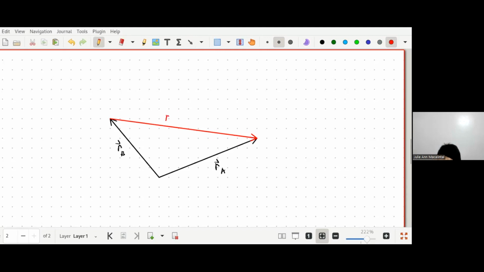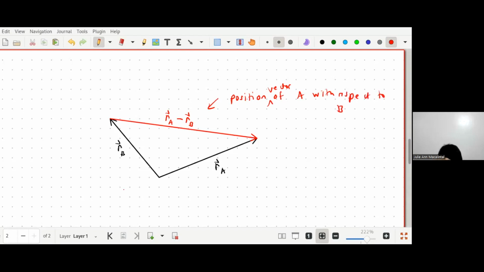So this should be R sub A minus R sub B. Naka-share ba? Okay, sige. So that's going to be R sub A minus R sub B. Ngayon, yung R sub A minus R sub B, so this is the position vector of A with respect to B.